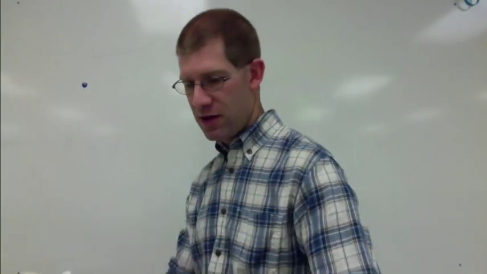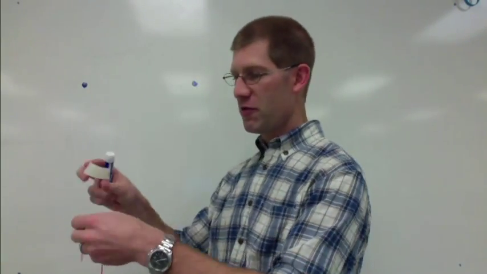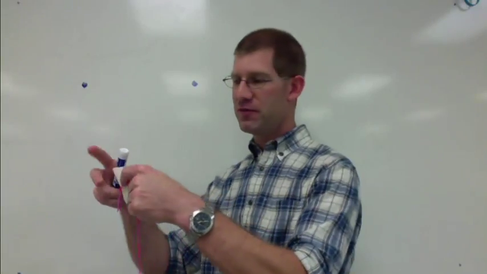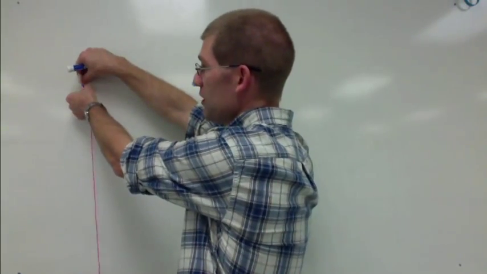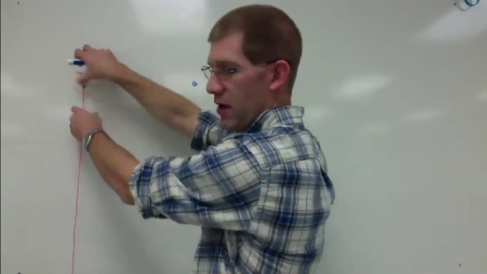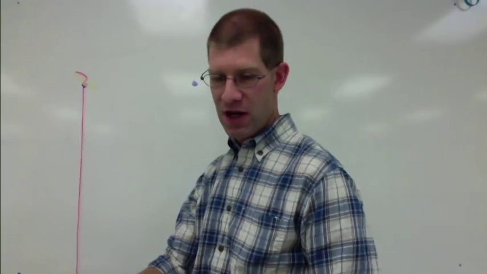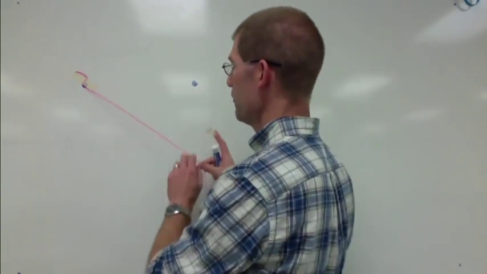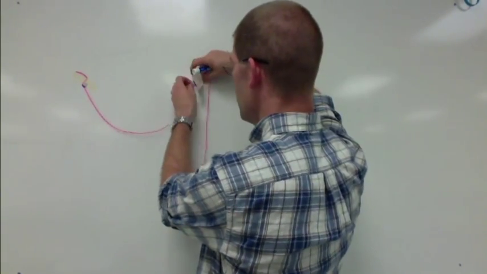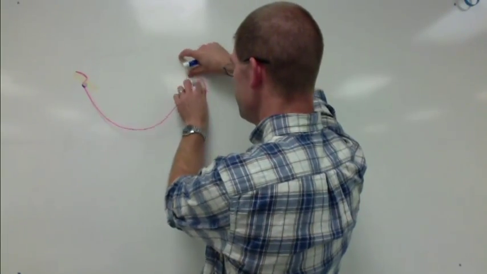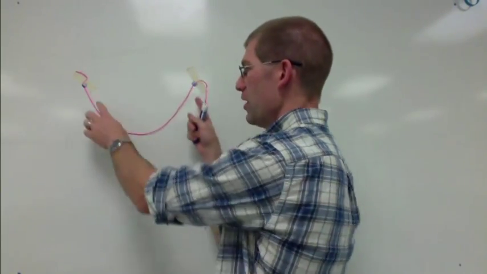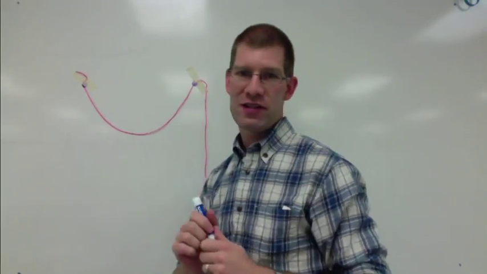I'll do the second example as a vertical ellipse. Since I'm doing total distance, I'm going to tape my string on one of those foci and tape the other end of my string on the other focus. And now this here is going to be that total distance.